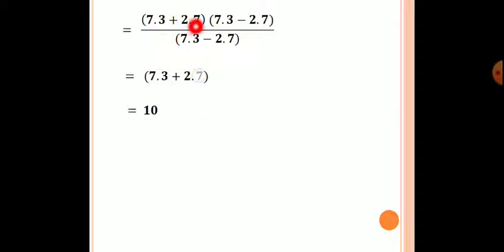So 7.3 plus 2.7 is one of the terms, and 7.3 minus 2.7 is another term, divided by 7.3 minus 2.7. Since it's a multiplication and both these are common, we can cancel this out. So what is remaining is 7.3 plus 2.7, which is equal to 10. That's all for this part.